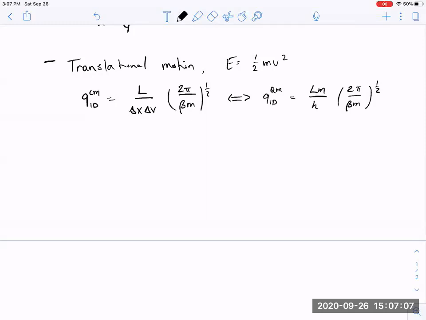So quantum mechanics essentially provided that scale for us explicitly in terms of the discrete eigenstates that a particle can exist in.